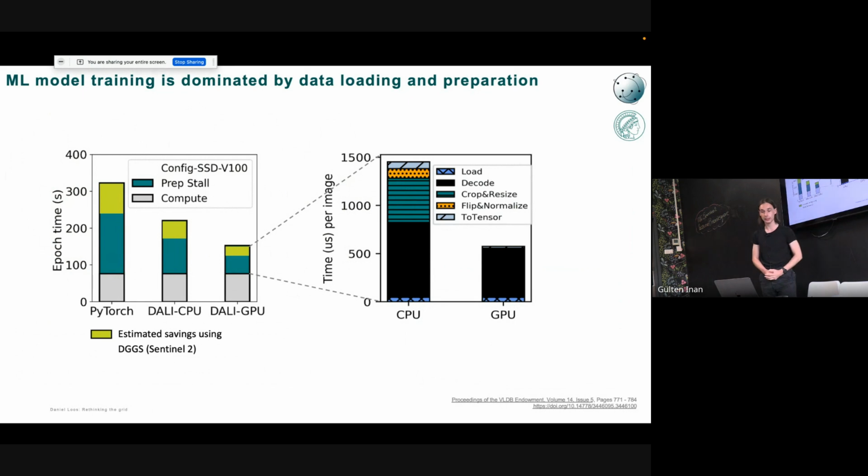And this also helps us when it comes to training machine learning models, because the data needs to be loaded, decoded and prepared on the GPU, and the less data we have in our input, the faster we are also in training.